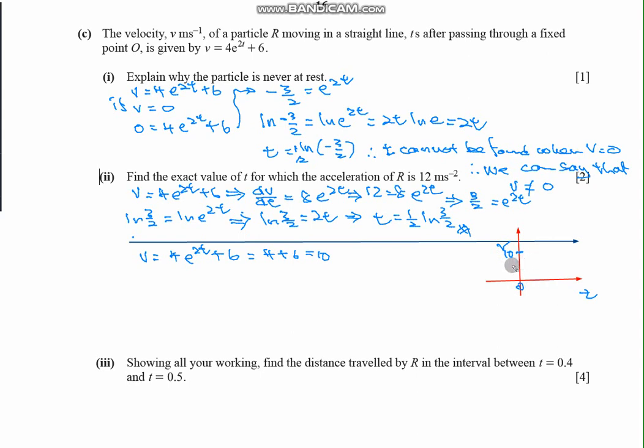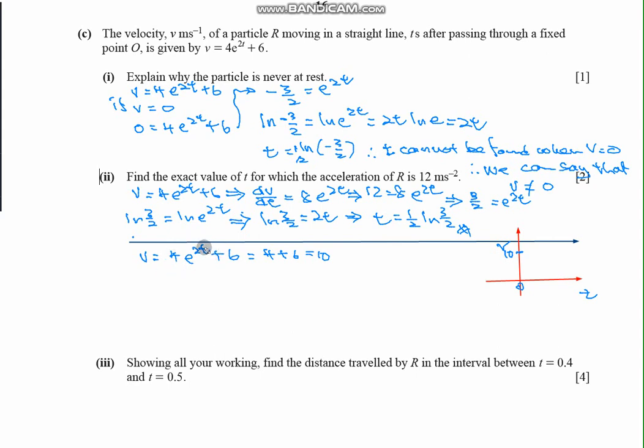The other point we want to look at is what is the minimum value of v. You see this value here, the minimum is 6 because this term can never become negative. But it cannot be 6, because there is still some residue value.